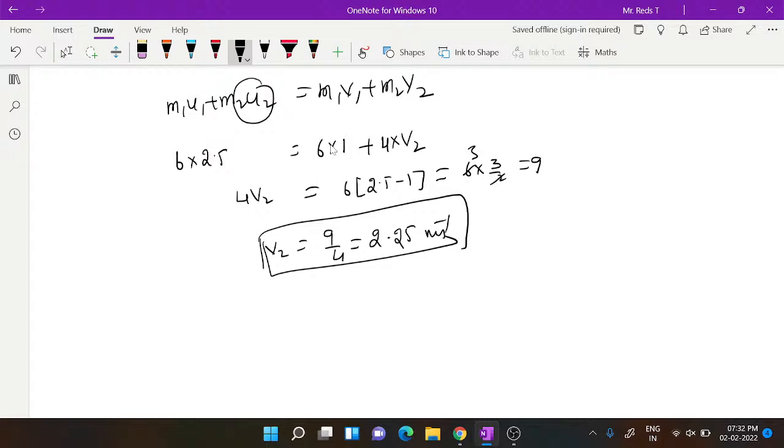So we are getting 1 minus A by 1 plus A. You can write this as A minus 1 by A plus 1 also, taking the negative sign out.